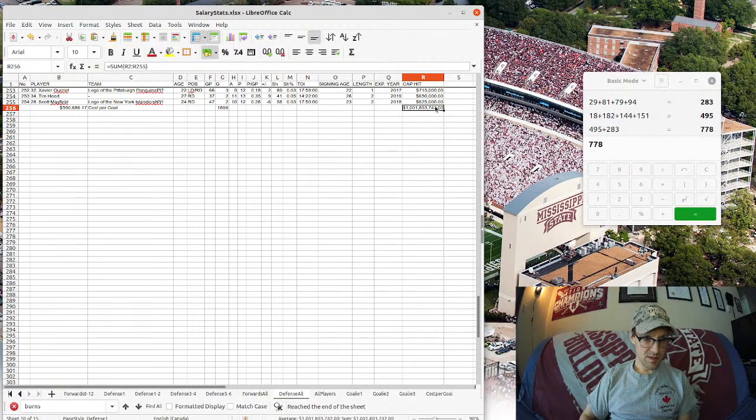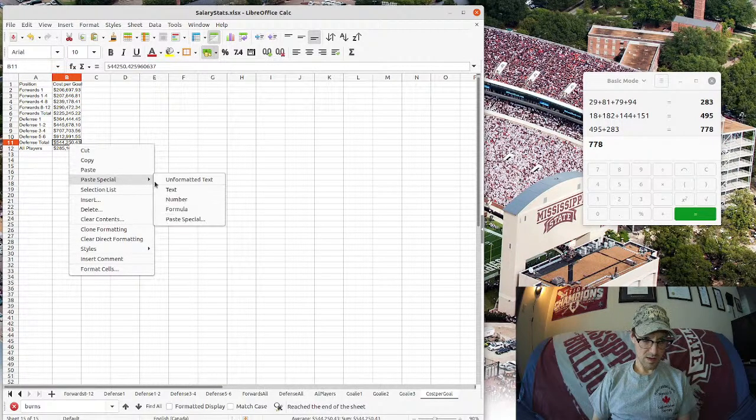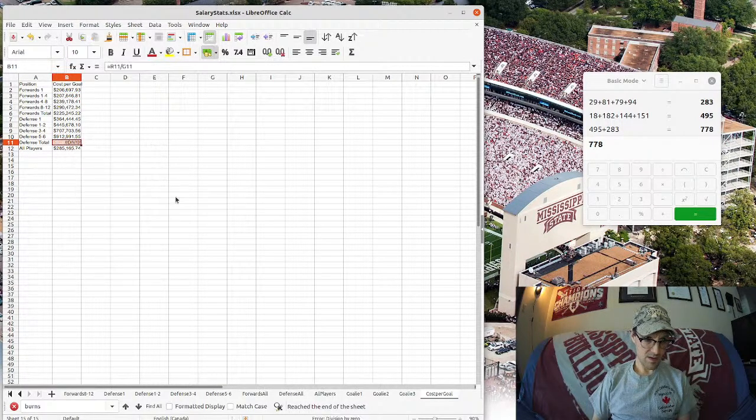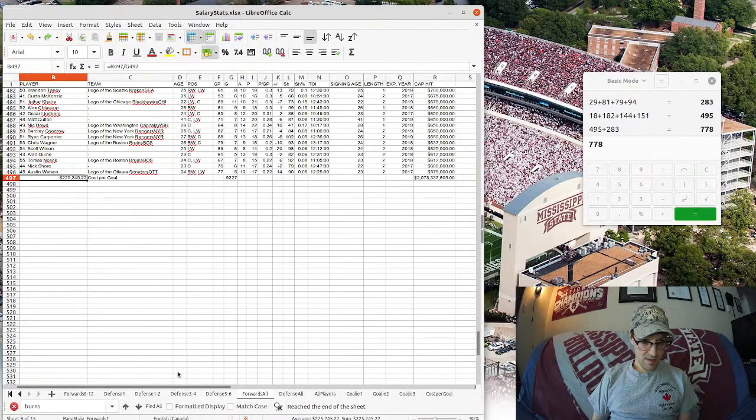So that's 255. So this is for all defense. Good. And then we want all forwards, and let's just make sure.